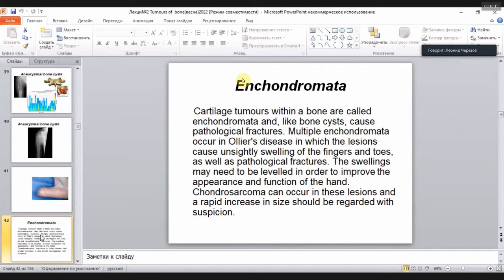Multiple enchondromas occur in Ollier's disease, in which the lesions cause unsightly swelling on the fingers and toes, as well as pathological fracture. The swellings may need to be excised in order to improve the appearance and function of the hand.